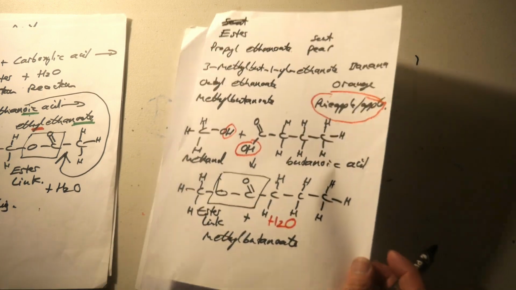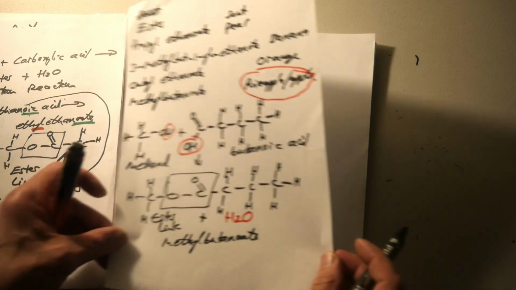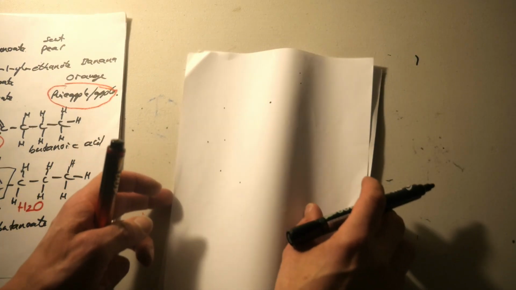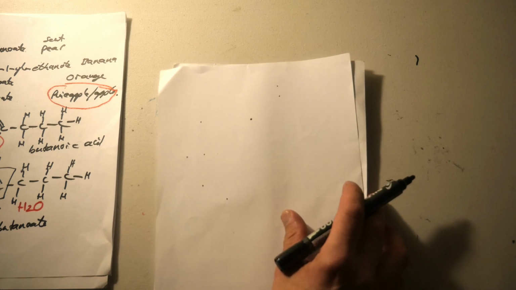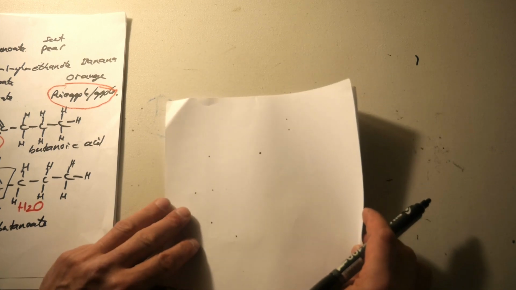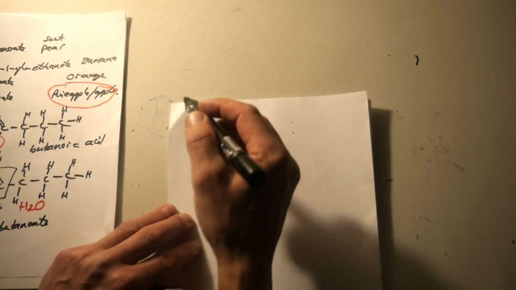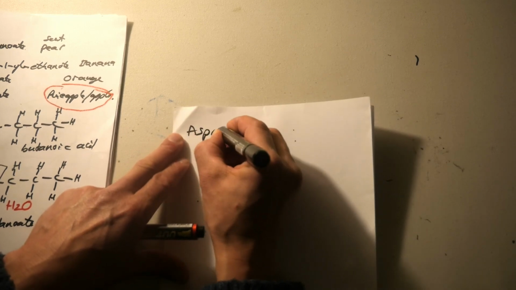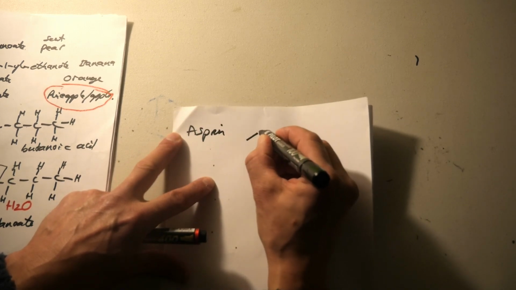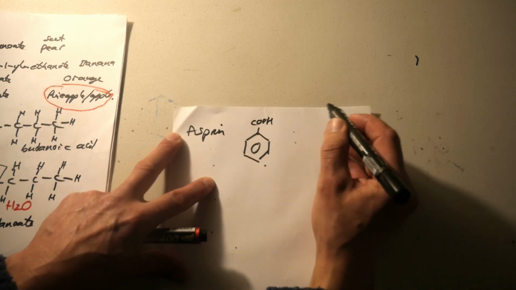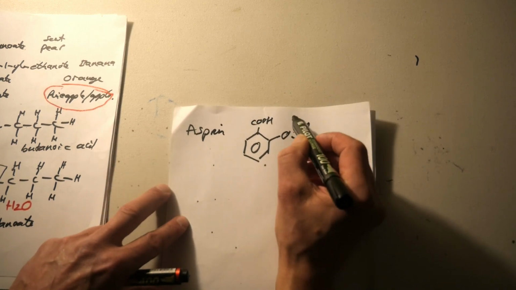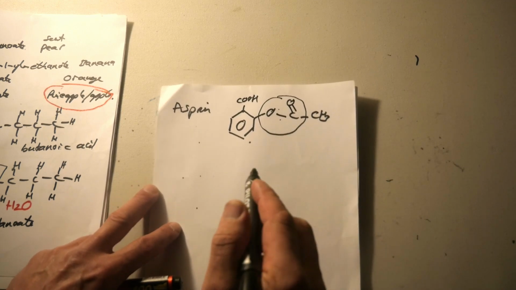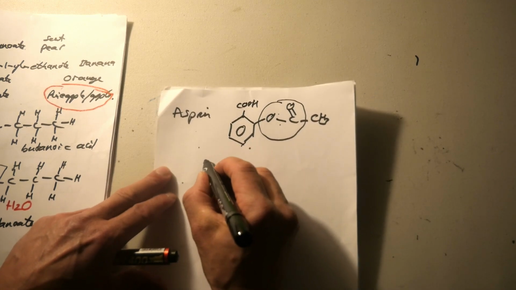And they're used in many products. One, for example, when you have headaches, aspirin, which is actually this. So that is the ester link, okay? This is an aromatic carboxylic acid.